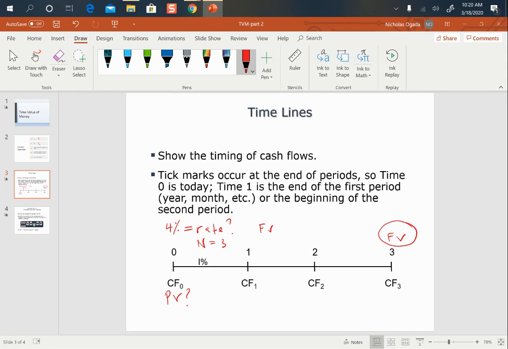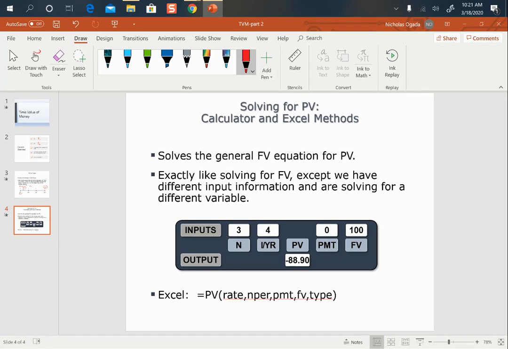Again, you could use the financial calculator, and to do so, using the same problem, you're going to use the time value keys, which are the future value key, the payment key, the present value key, the rate key, and the number of periods.